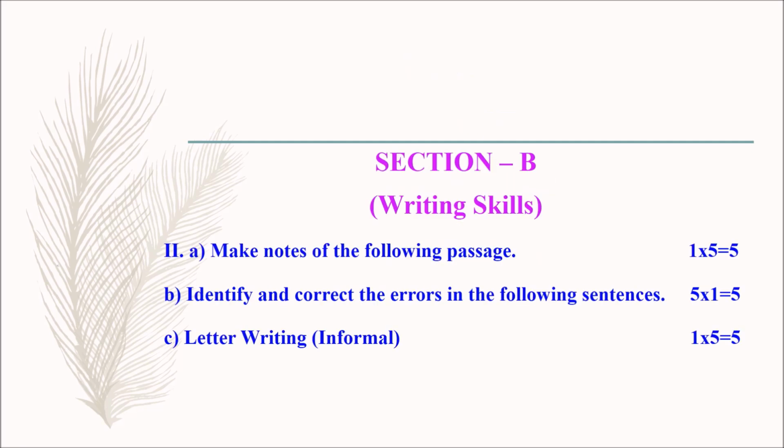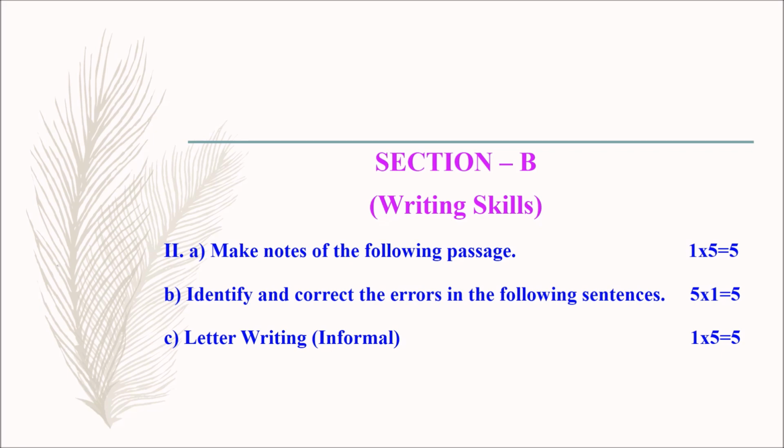Section B, Writing Skills. Roman letter 2. Make notes of the following passage. So for note making, you will get 5 marks. Next one is identify and correct the errors in the following sentences. In spotting errors, you will get 5 questions.